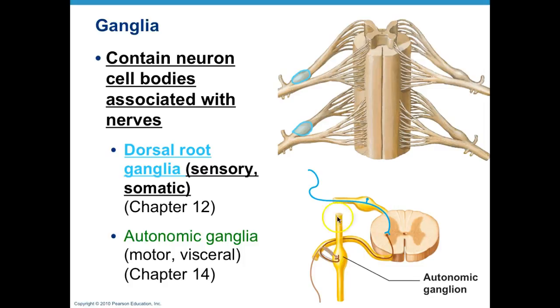You're going to find it in a row, in a chain in the thoracic area, although we do have other autonomic ganglia, but they will be located close to or within the organ. So this will make a little bit more sense when we talk about the autonomic nervous system and we discuss the difference between sympathetic and parasympathetic. I just want you to know for now we have two major types of ganglia within our peripheral nervous system.